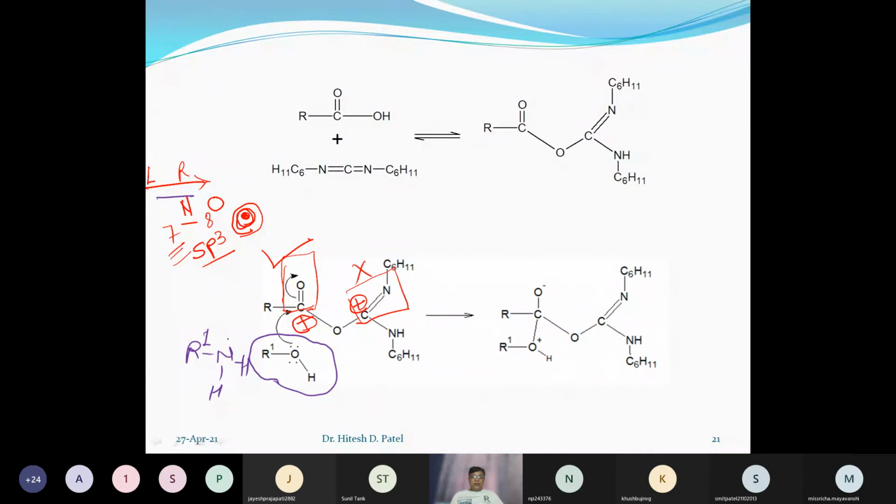In the same way, nitrogen has a lone pair of electrons, so nitrogen now acts as a nucleophile and will attack this carbon.